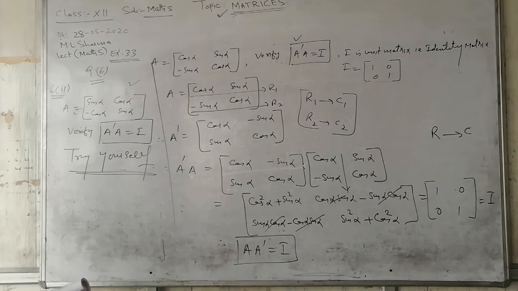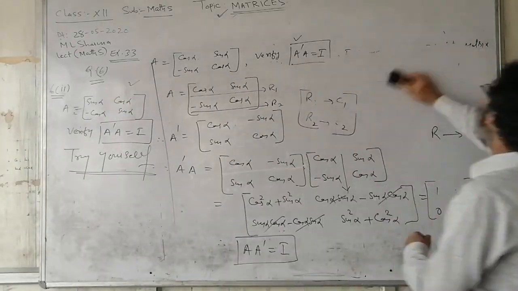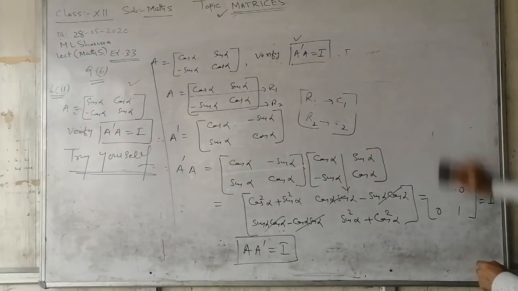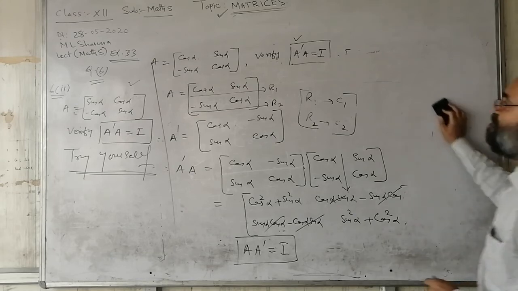Now, after this, the next questions onward. We have 2 or 3 terms, and they are symmetric and skew-symmetric matrix.